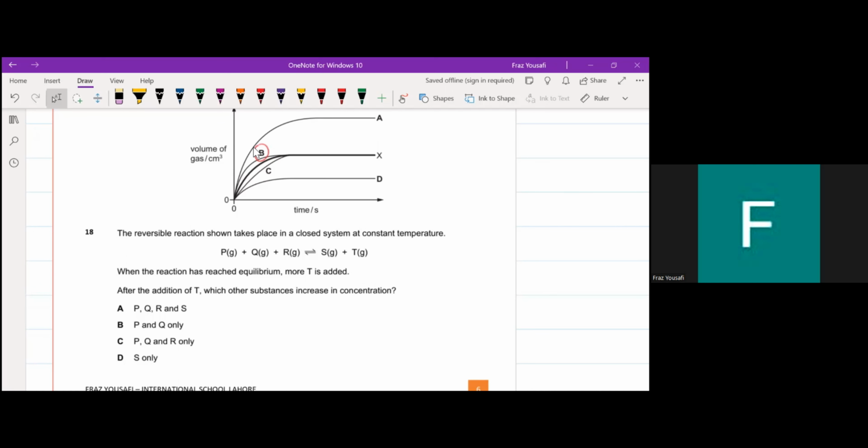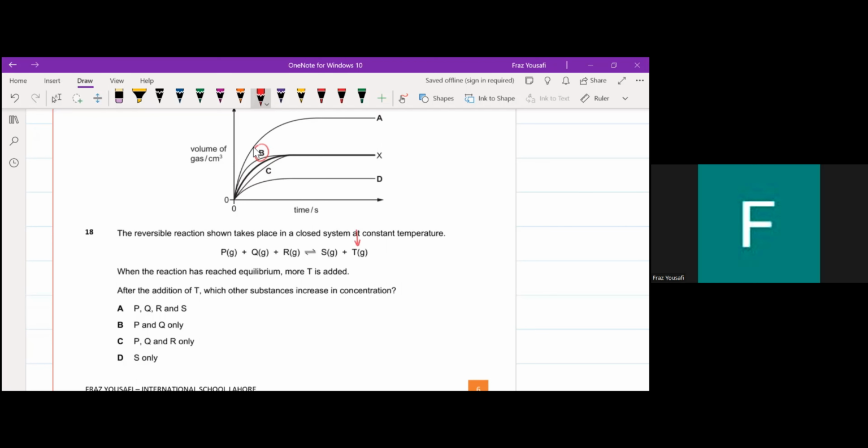The third one is the concentration of the materials at equilibrium, because at equilibrium, everything remains constant, doesn't change. Not that the reactants and the products are equal or more than or less than, they just become constant. So if I alter the equilibrium in any way, it'll shift accordingly left or right. Now, it's asking me when the reaction has reached equilibrium, more T is added.